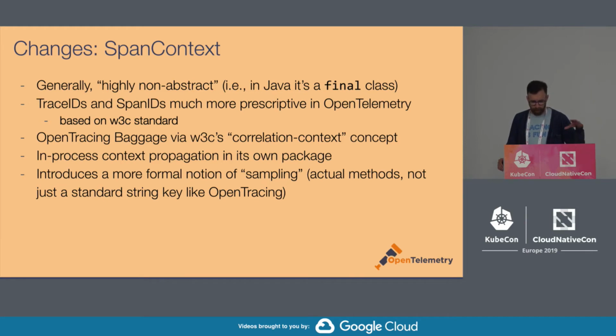You also see a more robust treatment of propagation of a context within a process. This just necessarily varies by language. Like in Go, there's the Go context, which is just part of the idiom of programming in Go. In Java, you have a much more heterogeneous way of dealing with it, but in every language, we want to have a clear runtime answer to context propagation for OpenTelemetry users.